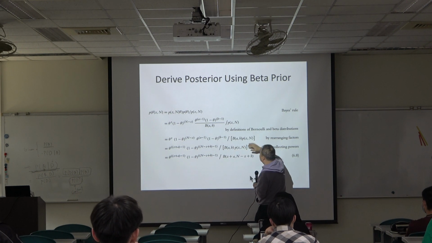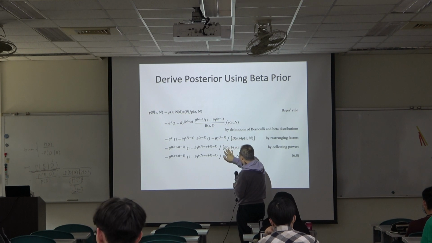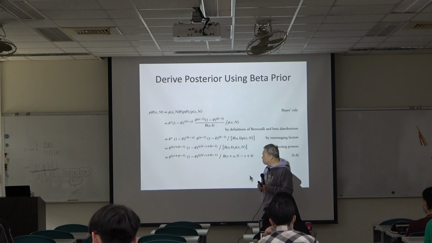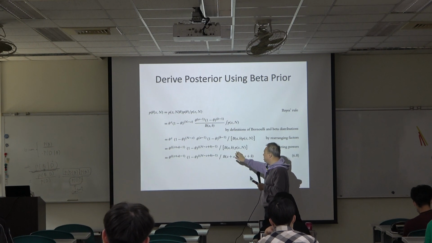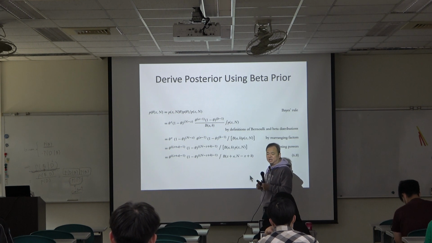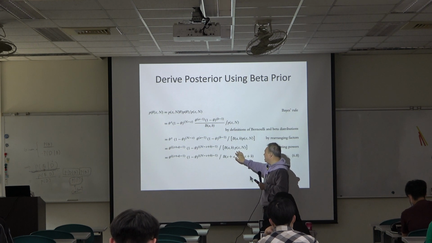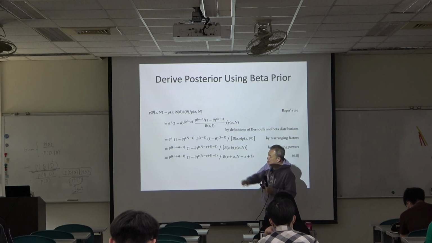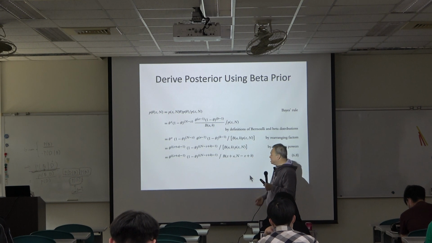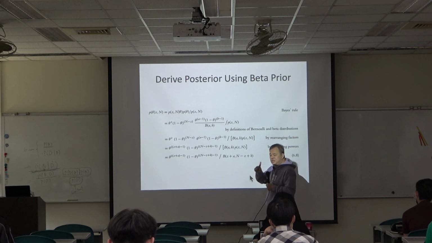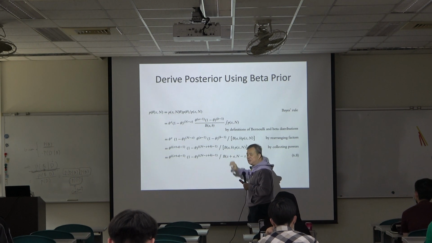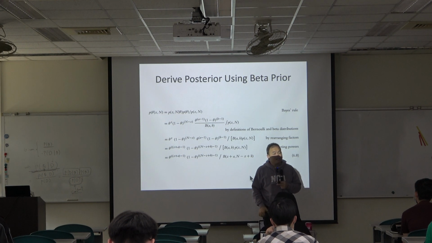And the denominator will be capital B(a, b), which is the normalizing term of the beta distribution, with a and b as its parameters. And P(D) is the evidence or normalizing term that we don't know what that is. But one thing we do know is that B(a, b) is also a constant.